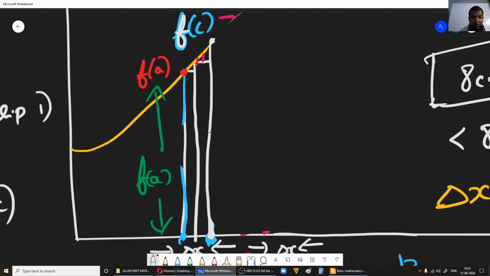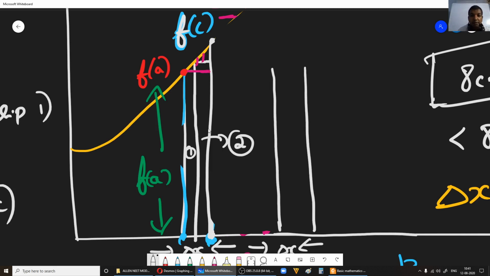Earlier this whole area was covered by only one strip. Now how much area did I lose previously? This was how your strip 1 looked. I lost this much area. It was not considered in the calculation.